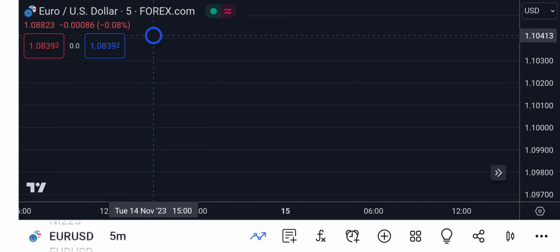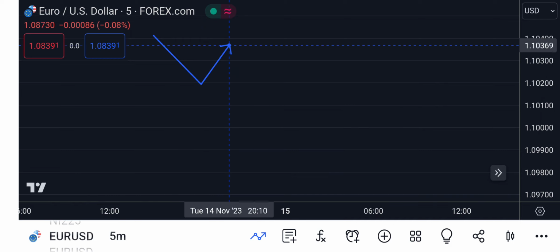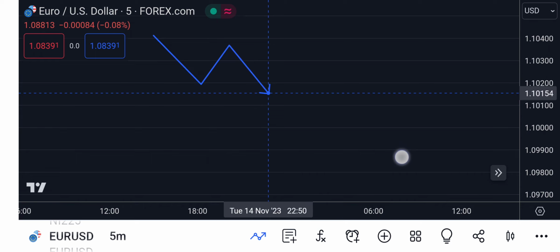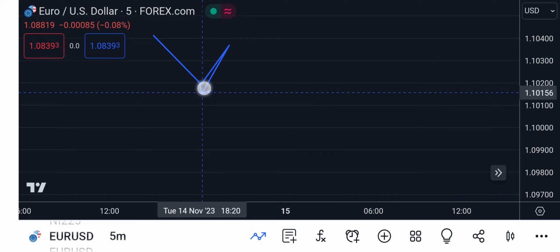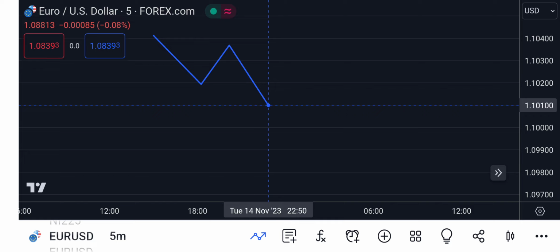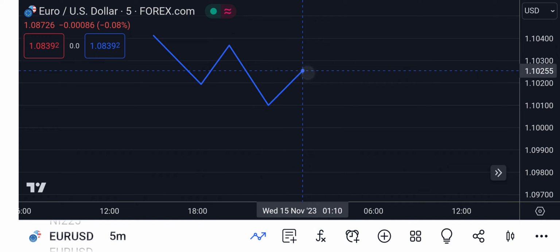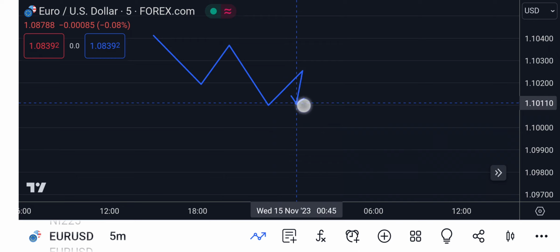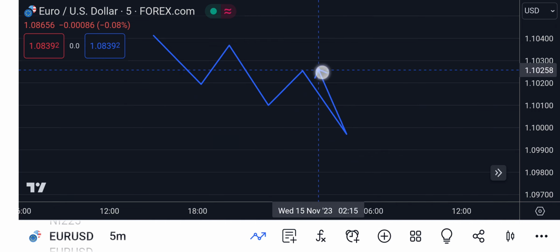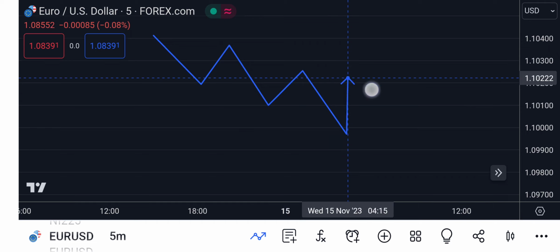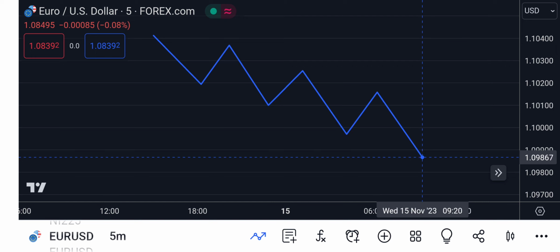It starts from the market trending, goes down, makes a low, makes a high or a higher low, breaks the previous low, makes a new lower low, moves back up, fails to break the previous higher low, reverses, goes down, breaks the previous lower low, makes a new lower low, reverses, fails to break the previous higher low, reverses and breaks the previous lower low and makes a new lower low, or trends to the downside.